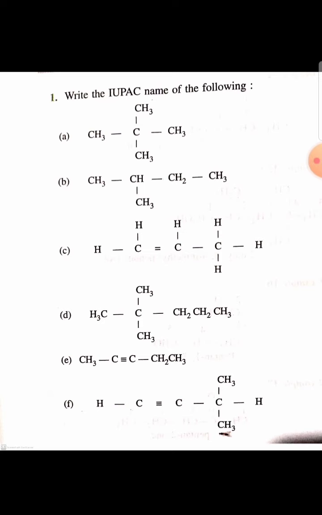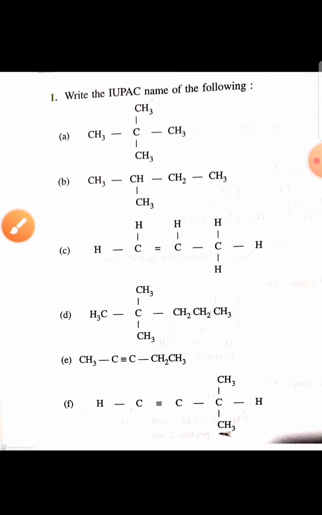In the next structure, as you can see, in the longest chain 4 carbon atoms are there. So let us look at the numbering. When you number 1, 2, 3, 4 from the left, this numbering is correct because the branching methyl group is getting the second position.